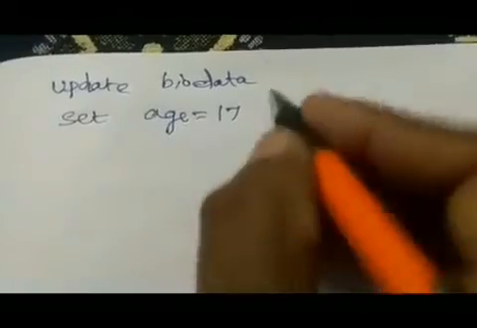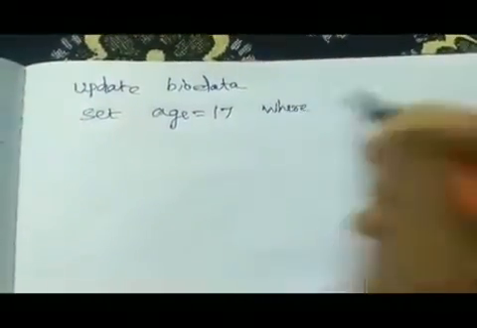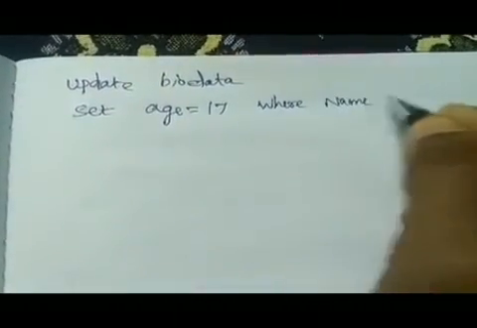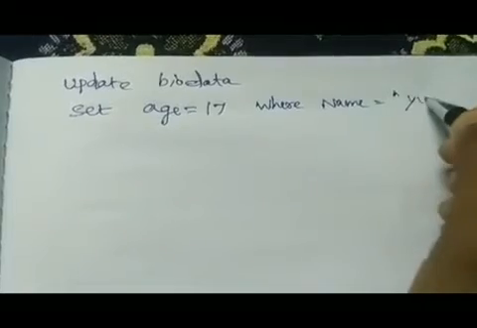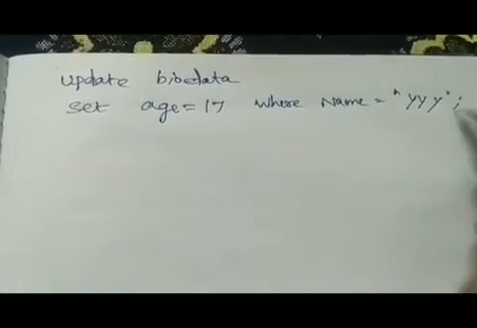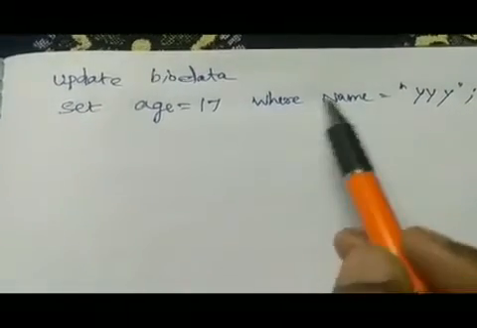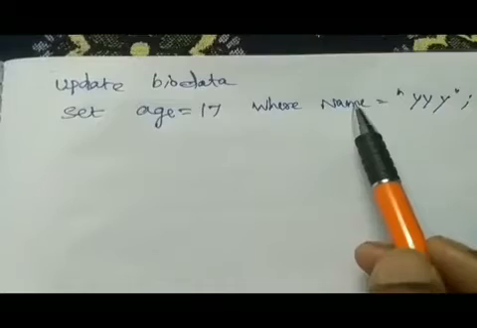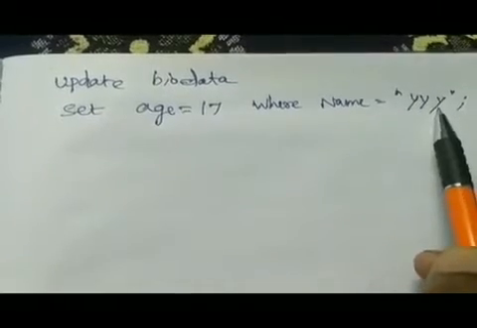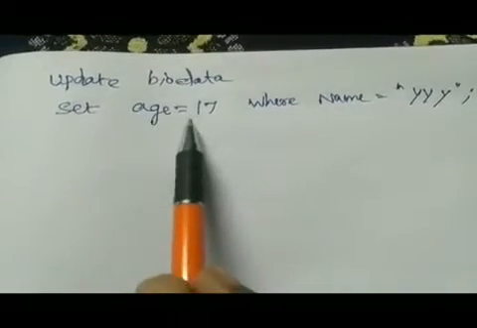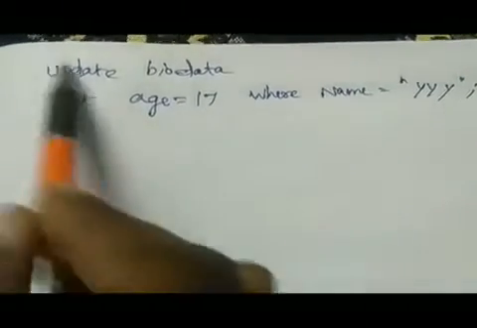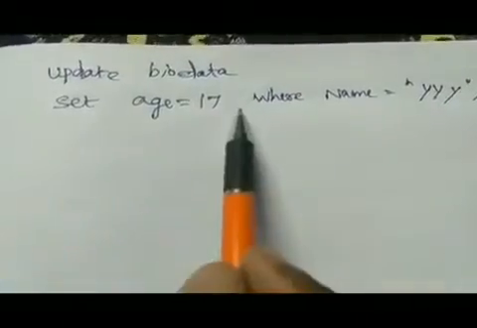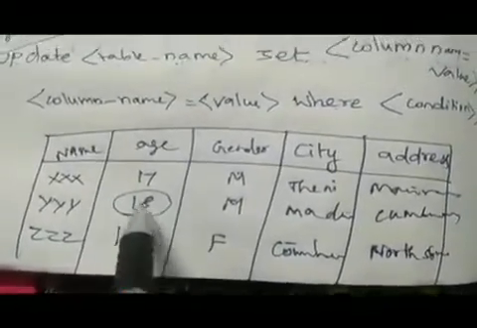For which row? Where name equal to YYY. Are you able to follow? So here where the record has the name value YYY, change the age value into 17. So after executing this command, the table value gets changed into 17.